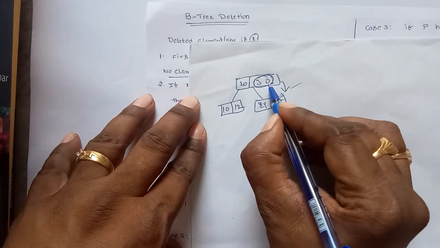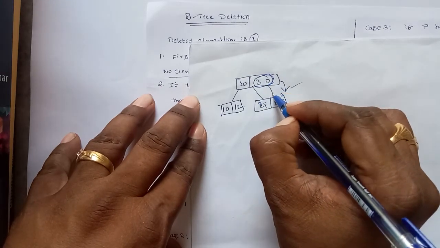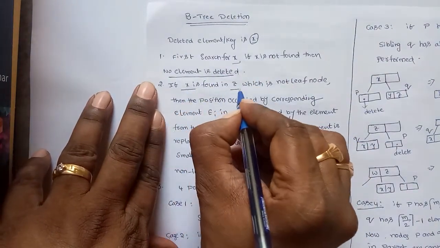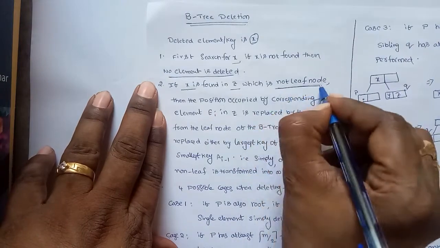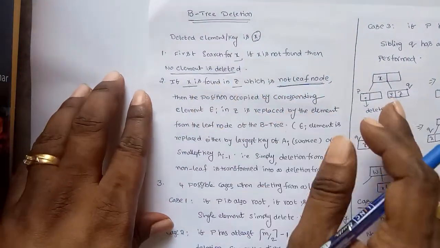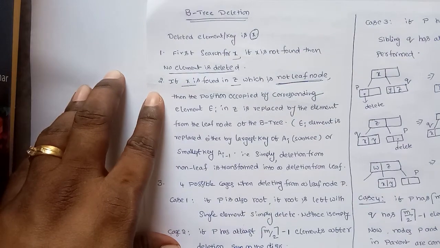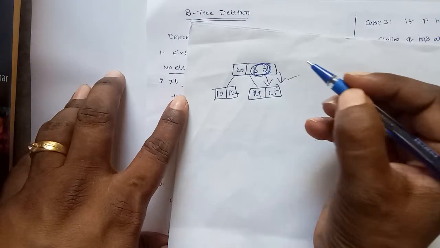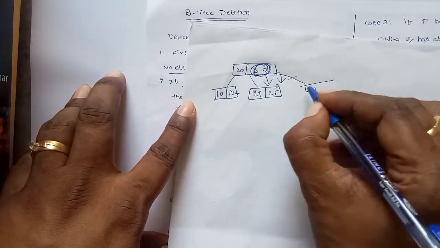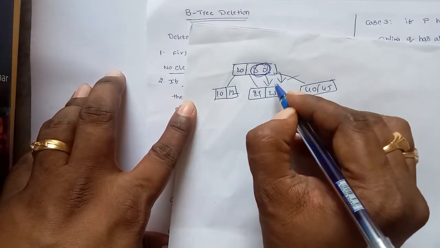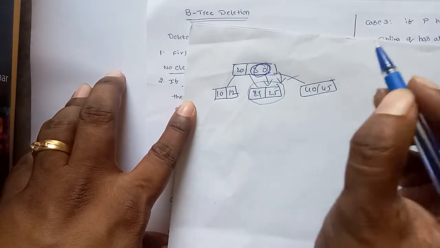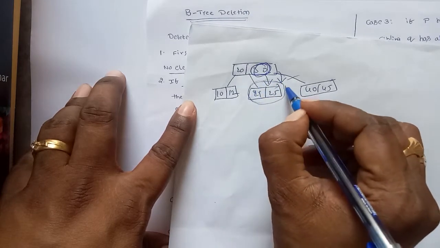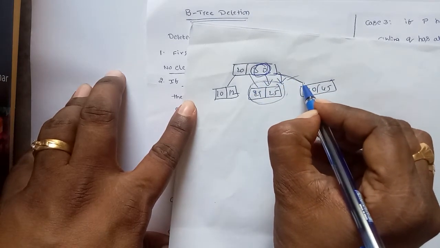If X is found in a node Z which is not a leaf node, simply replace the element 30 with the largest element on the left-hand side or the smallest element on the right-hand side.